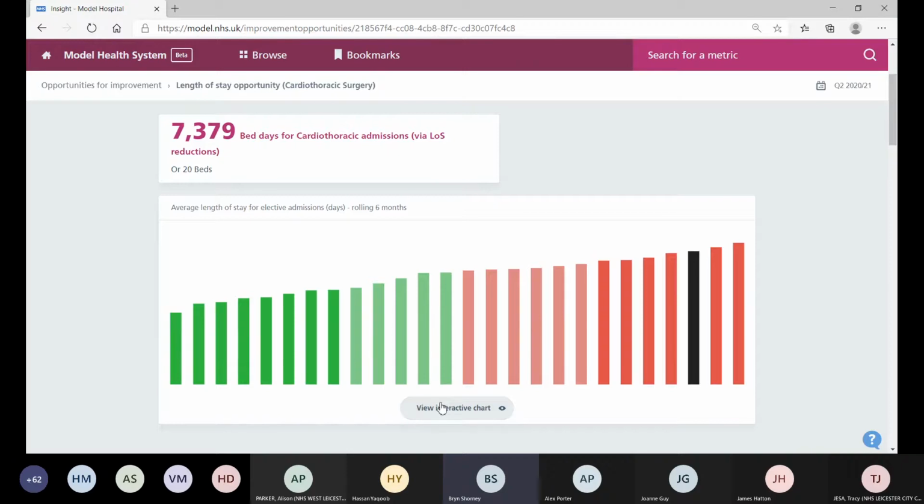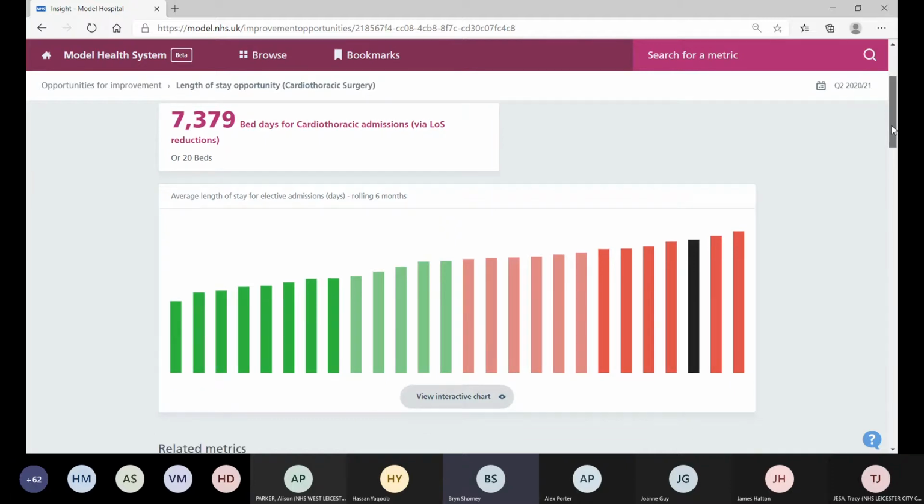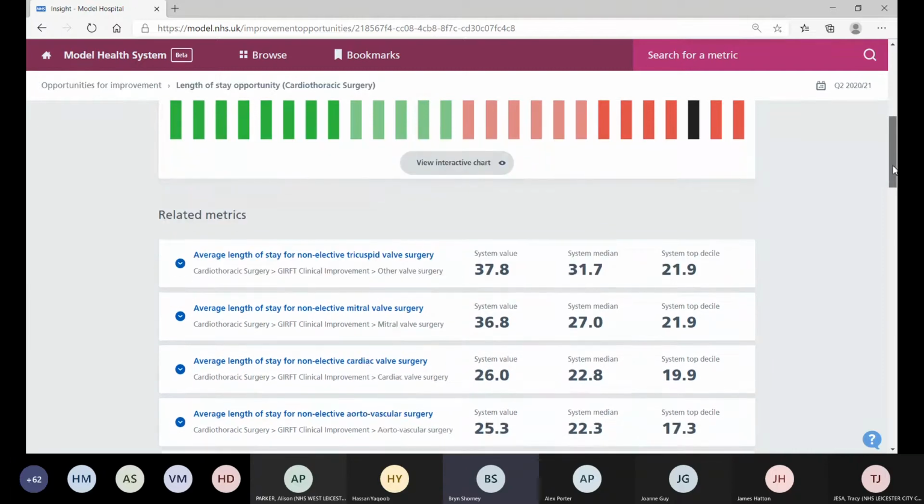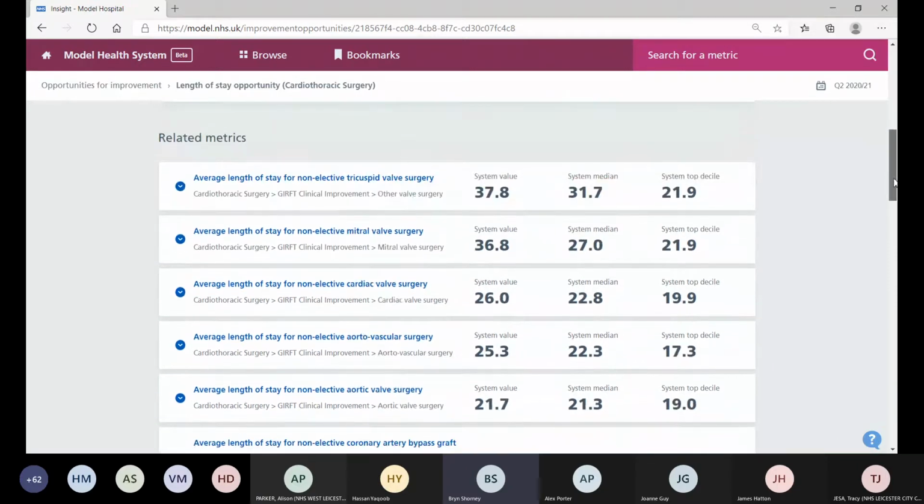As with the other indicators, you can view that on the interactive chart. I'll go into some of the charting functionality a bit later in some of the other compartments.